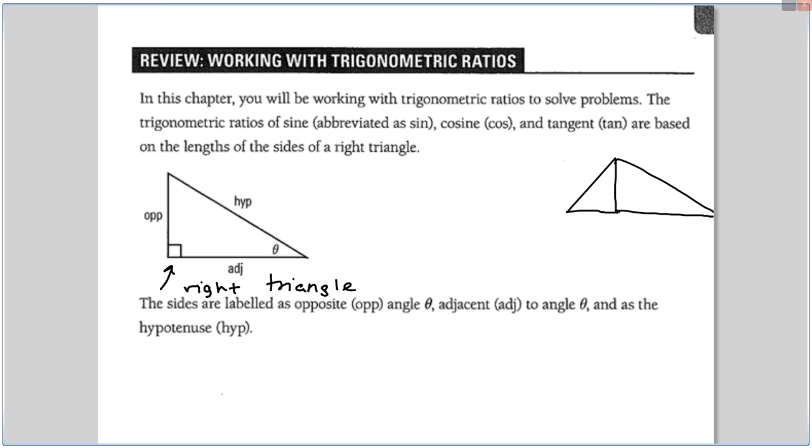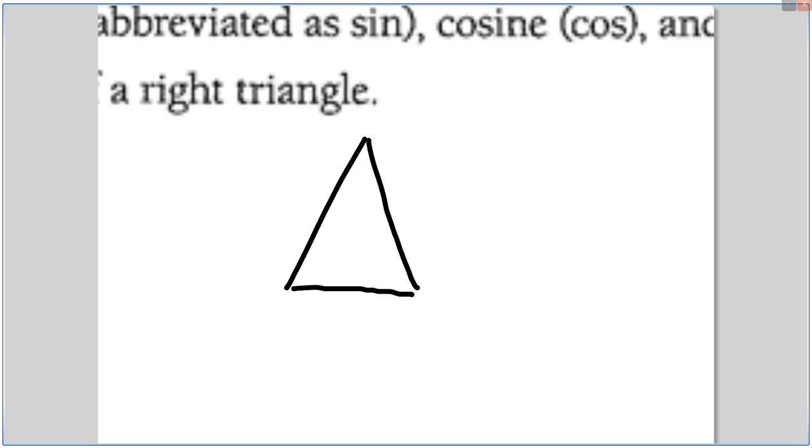So for example, say they gave you a question like this. Is this triangle right angled? Is that triangle got a right angle in it? No. So you might have to do something fancy, like drop a vertical line at a right angle. Now you have two triangles that are both right angled. There's a triangle there and a triangle there.